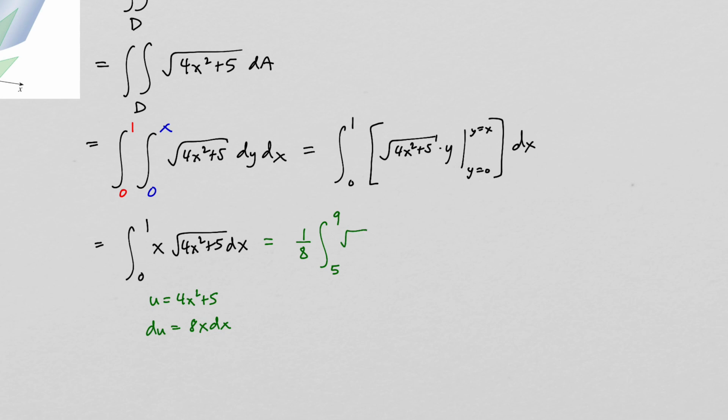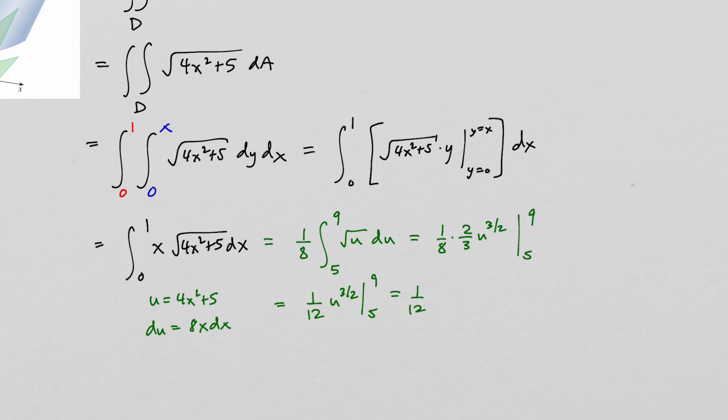And we have the square root of u times du, which is 1/8 times 2/3 u to the 3/2 from 5 to 9. Doing the math here, we have 1/12 u to the 3/2, 5 to 9.